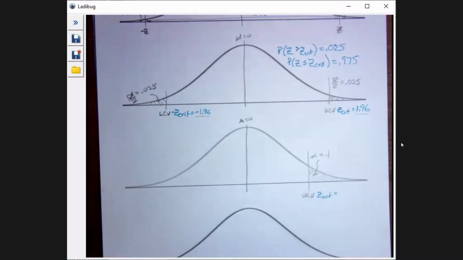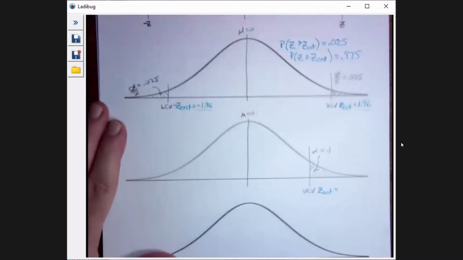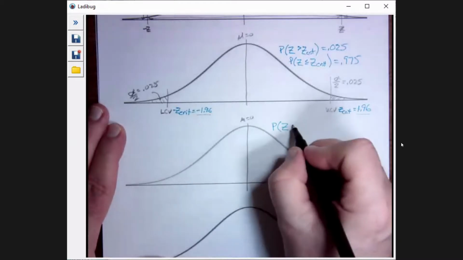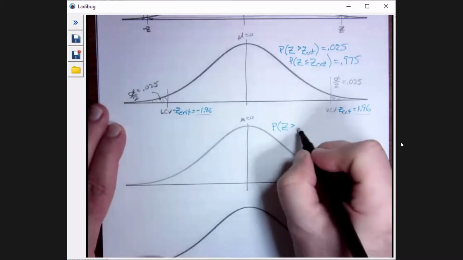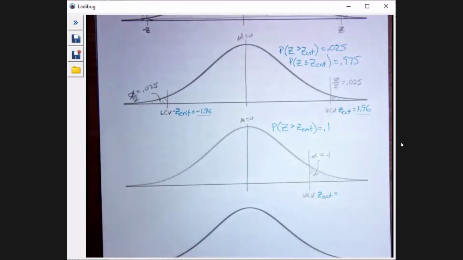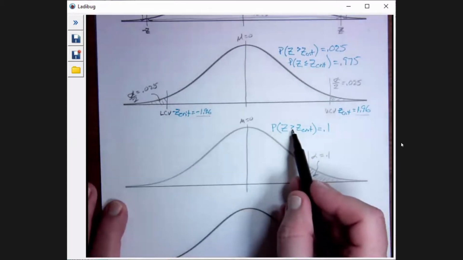in terms of a z value, where the probability that I get a z value greater than my critical value is 0.1. And so we've got the same situation. Can Excel do a greater than? No. So how do we do this?